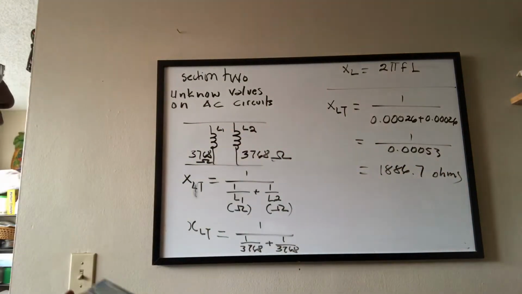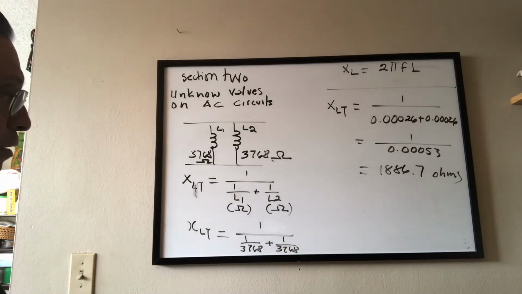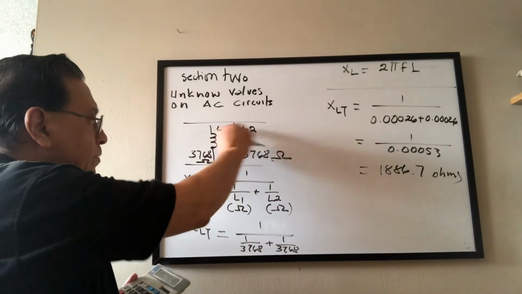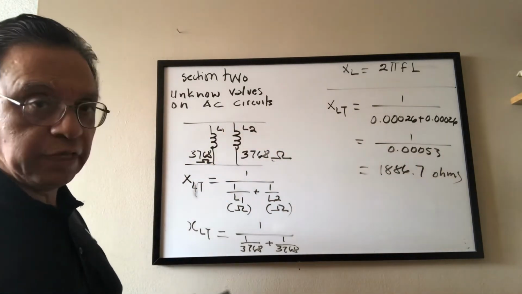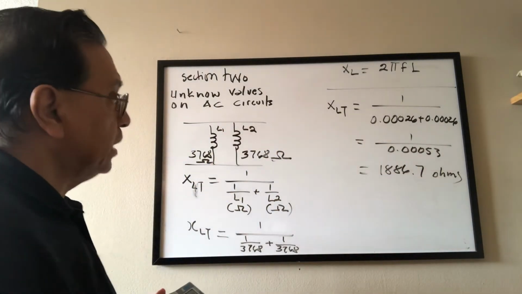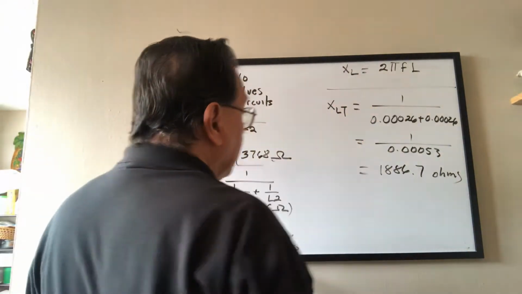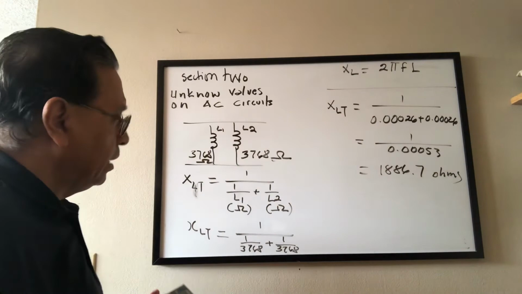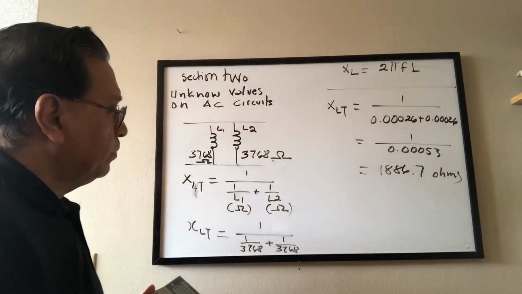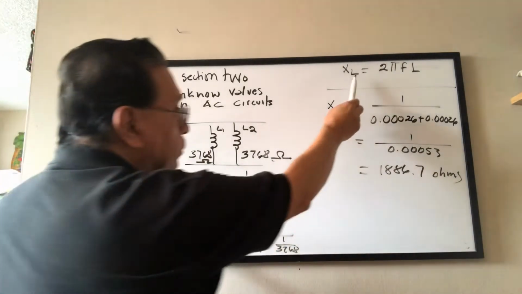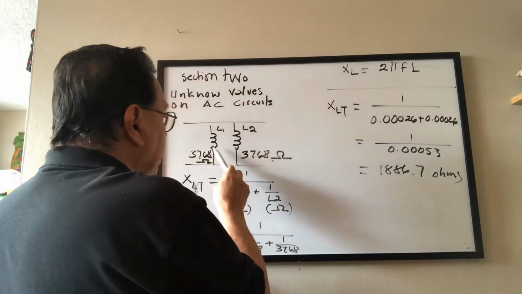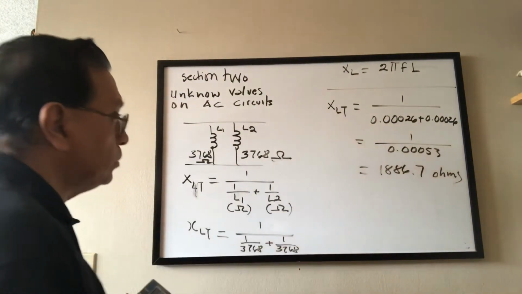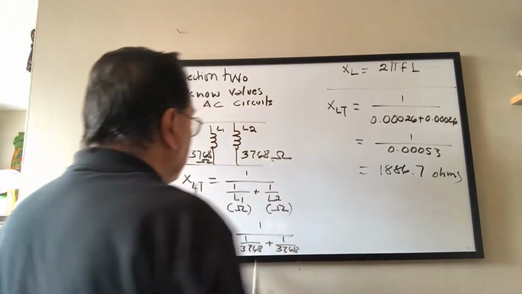One more time. When you have inductances in parallel, what you can read as a specification for the inductance is the Henrys. If you want to connect the inductances in parallel, you apply this formula. But before you do this, you need to calculate the ohms that each inductance presents to the source of voltage and then apply this formula.